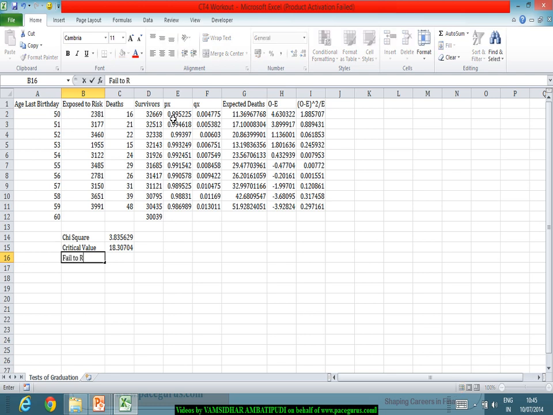So fail to reject the null, which means I am going ahead with the null hypothesis, saying that there is not much of a significant difference between the actual observed mortality rates and the rates coming from a standard table. However, we know that the chi-square test could give me only a broader picture, but it ignores a lot of smaller problems that can come out in the process.